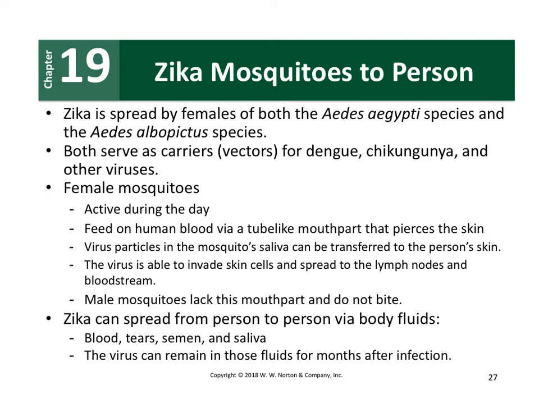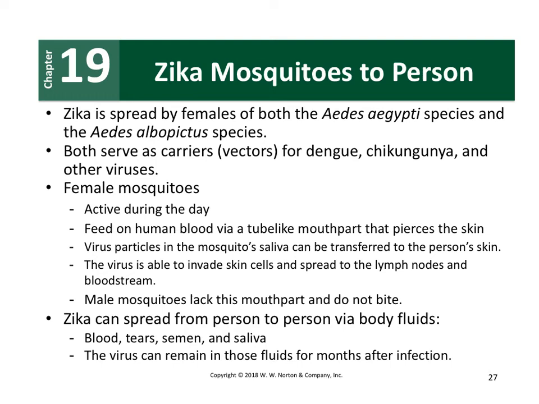The female mosquitoes are the only ones that take blood meals so that they can produce eggs. They feed on human blood. The viral particles are taken up in the mosquito saliva and then can be transferred over to another human when they're bitten. The virus is able to invade skin cells and spread to lymph nodes and bloodstream. Male mosquitoes do not drink blood.